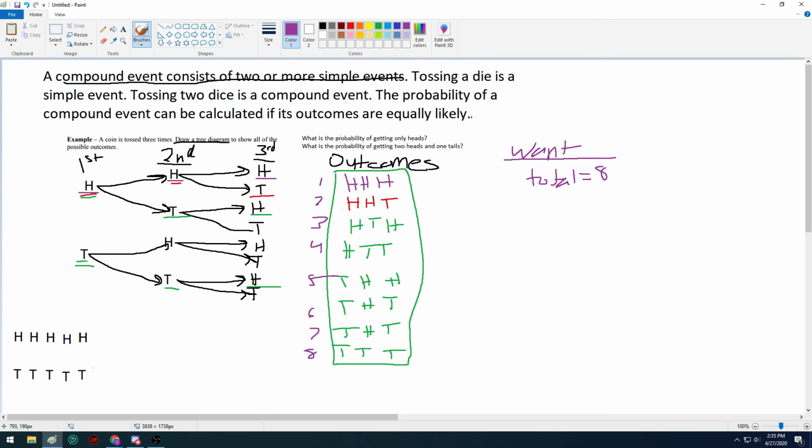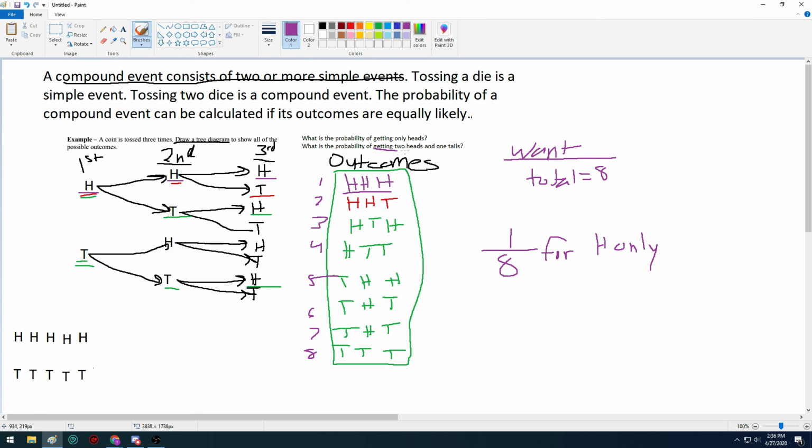The first one is, what is the probability of getting only heads? Well, looking at our outcomes, which one only had heads? Well, it was the first one. So we have a 1 out of 8 chance for H only.